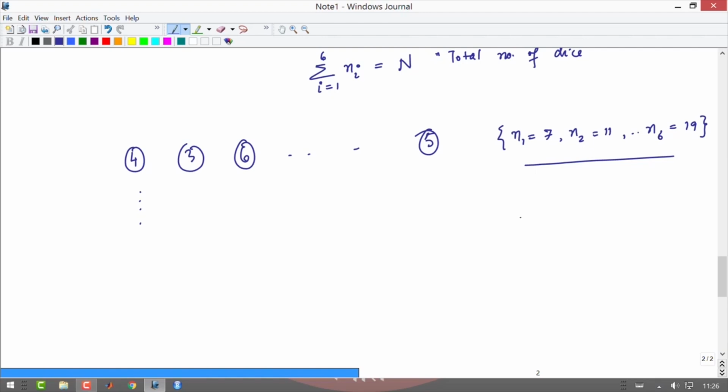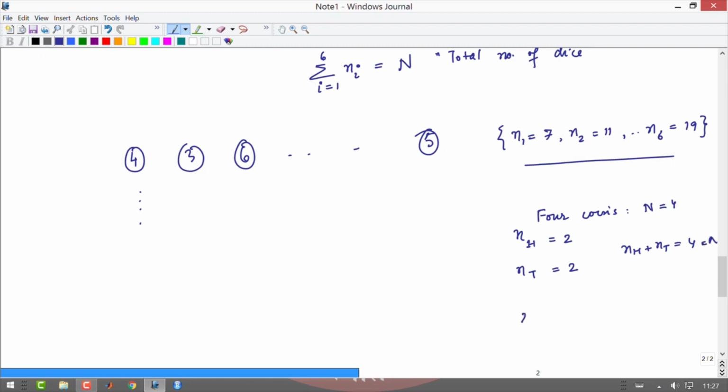If I take 4 coins, so n equals 4, and I say that the number of heads is 2 and the number of tails is 2, such that nh plus nt is 4. How many ways can you have it?